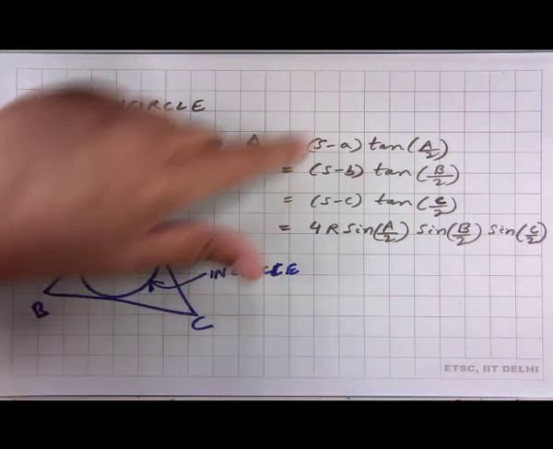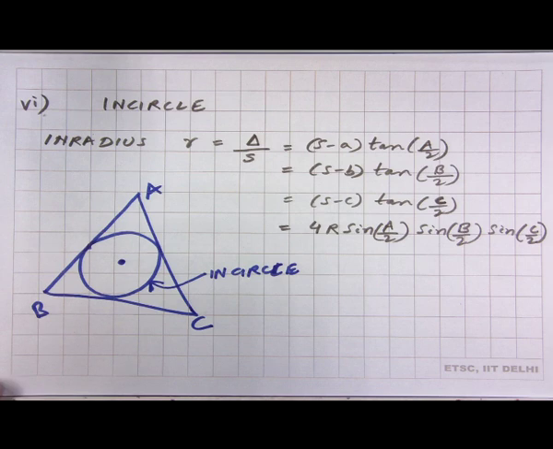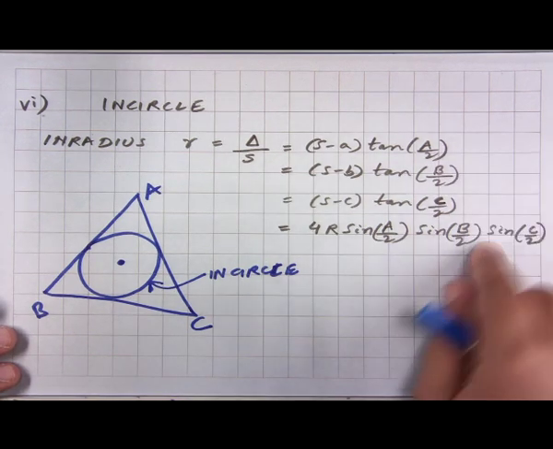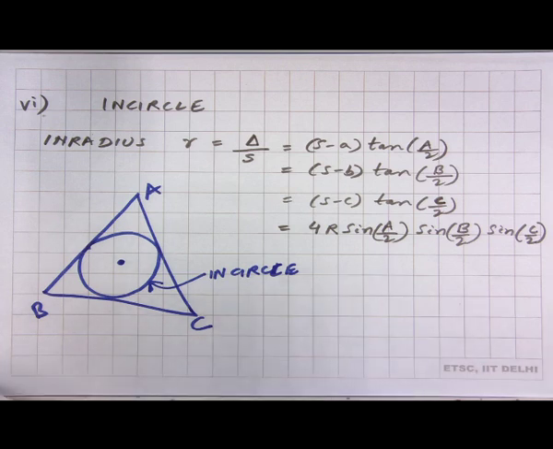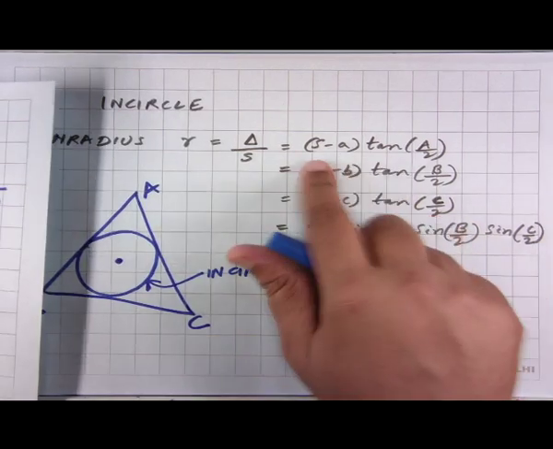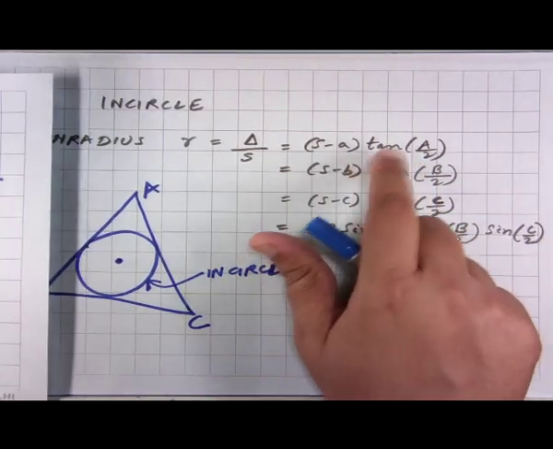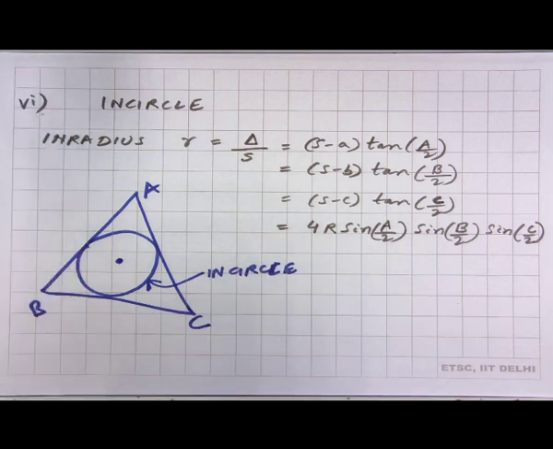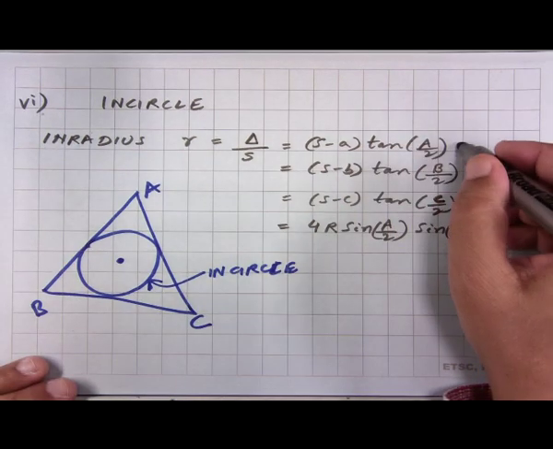And to prove any of these is not very tough, because we just have to use the expressions for the sine and cosine of the half angles. For example, it's very easy to show this first expression here.